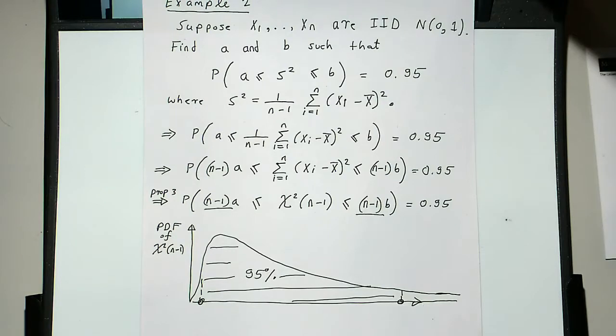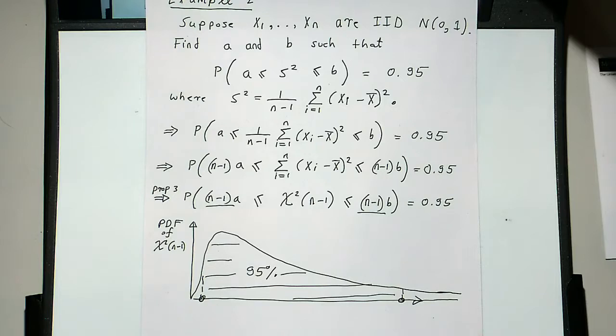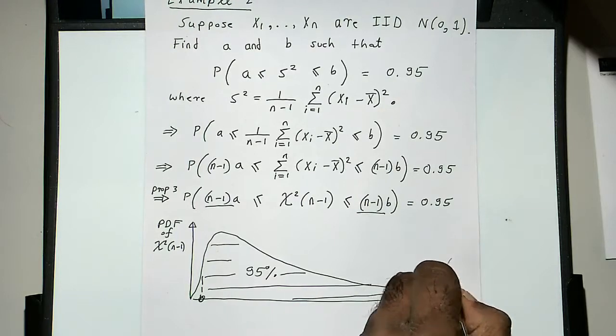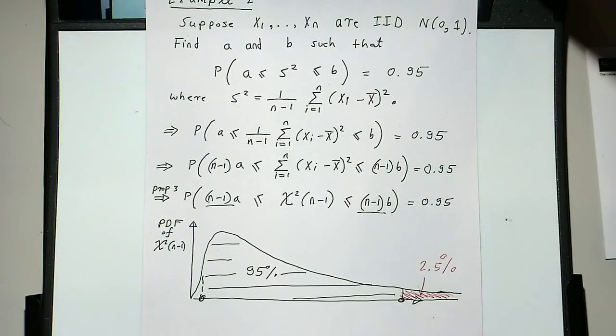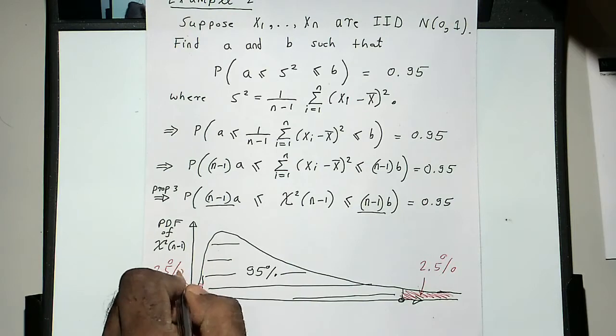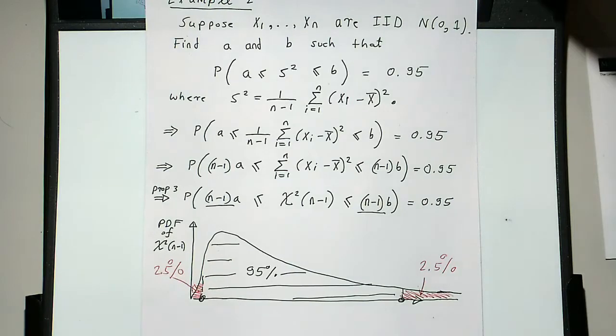Okay, so there's no unique way to do this, but one way you can do this is to let this area here be equal to 2.5%, right? And let this area here be equal to 2.5%. So the total area is 100%, right?